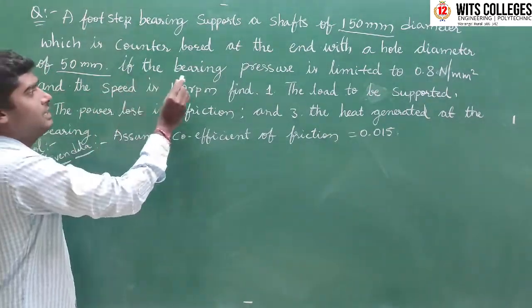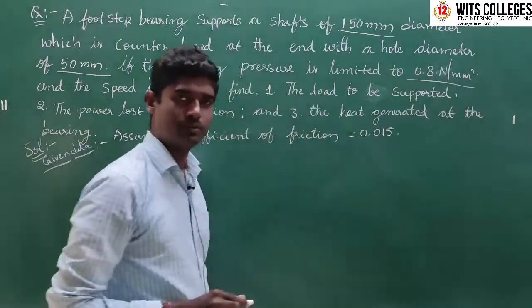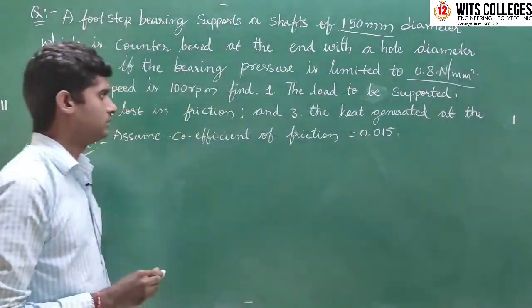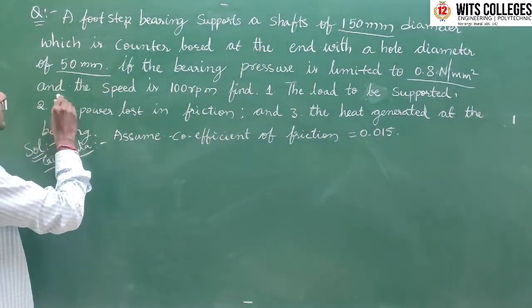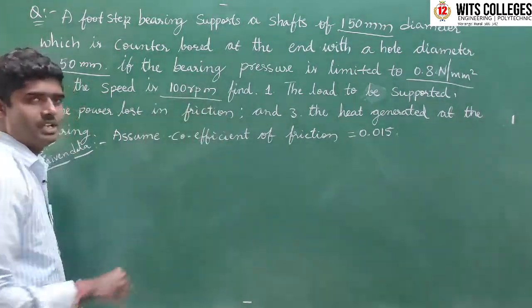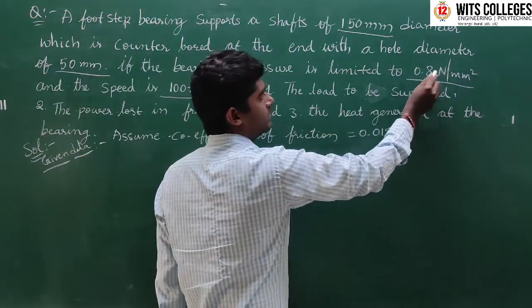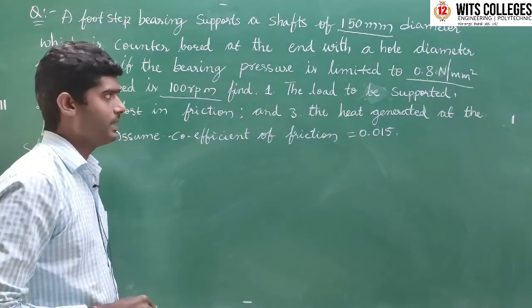If the bearing pressure is limited to 0.8 Newton per mm square, and the speed is 100 rpm, that is N equals 100 rpm and p equals 0.8 Newton per mm square.